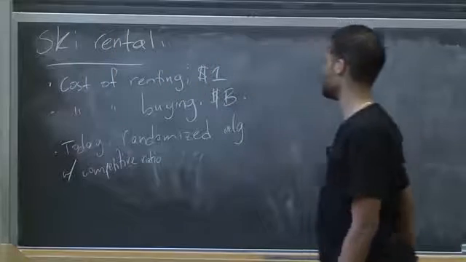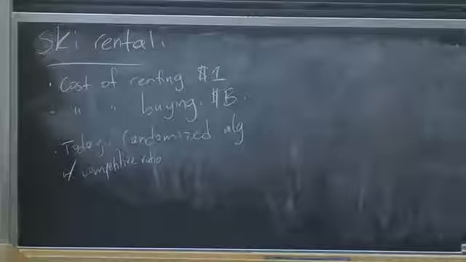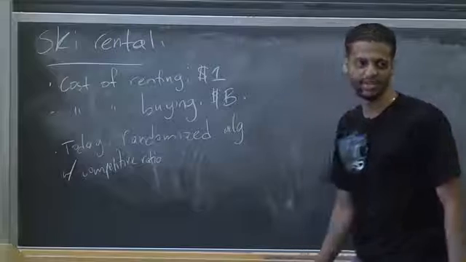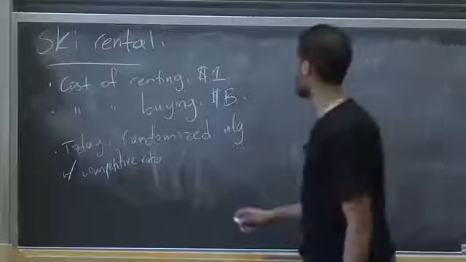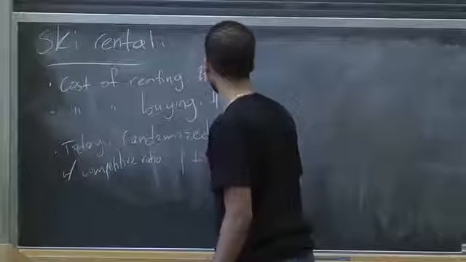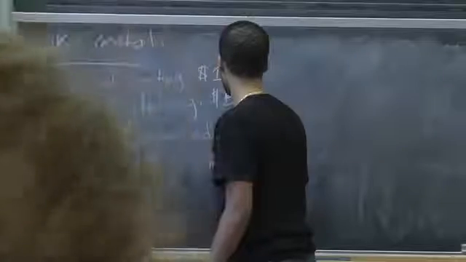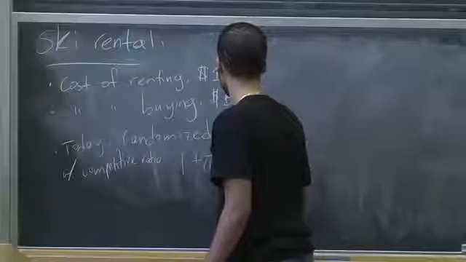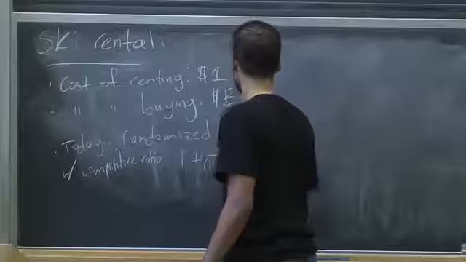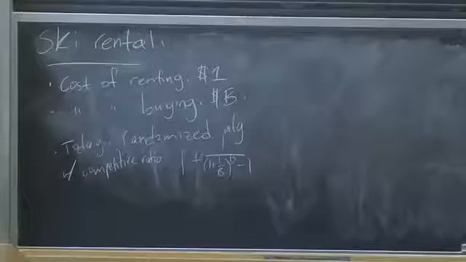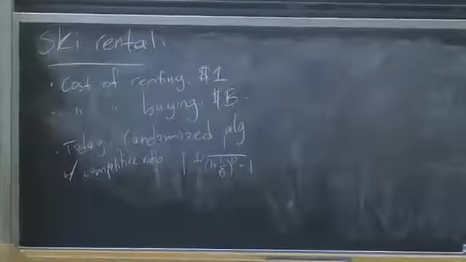Okay, so the competitive ratio is going to be roughly e over e minus 1. But to be more precise, it's going to be 1 plus 1 over (1 plus 1 over b) to the b minus 1. Okay.